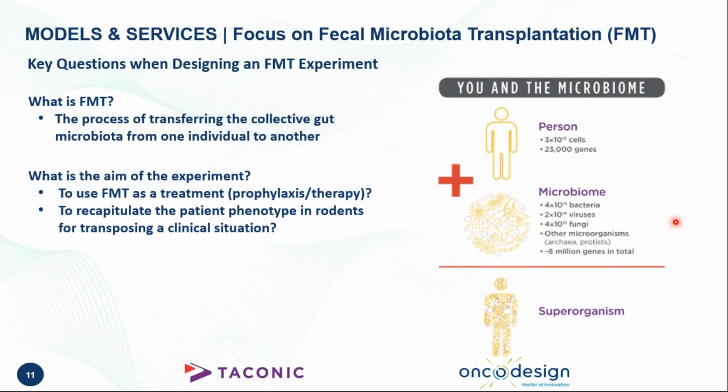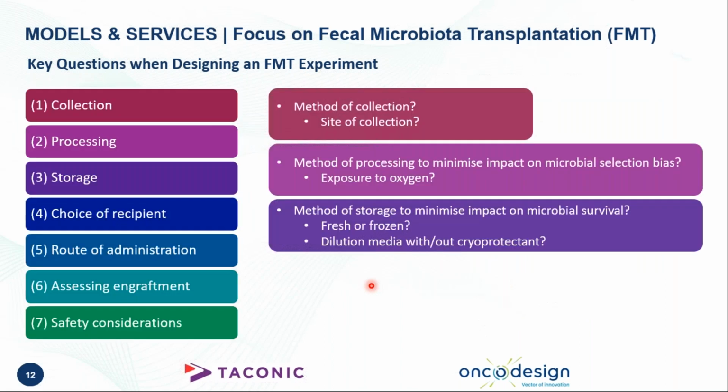And that's why, to better approach designing an experiment, in the next slide there are a lot of factors to consider. In the next slide, I categorize these into 7 major categories.